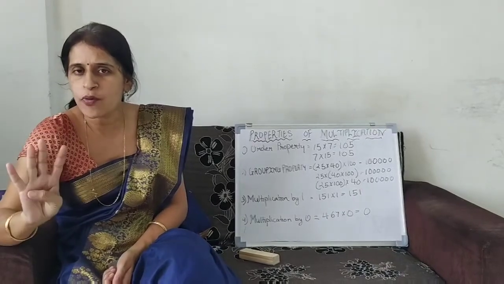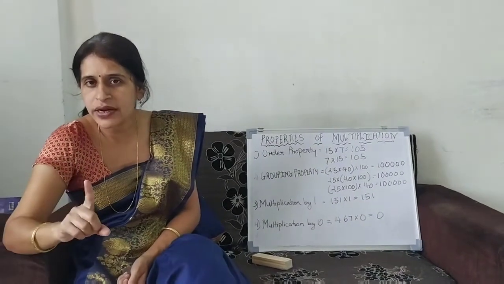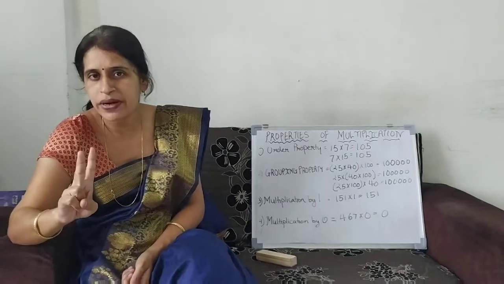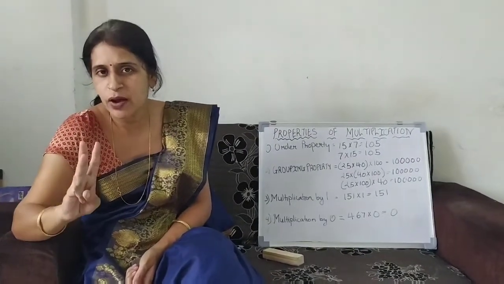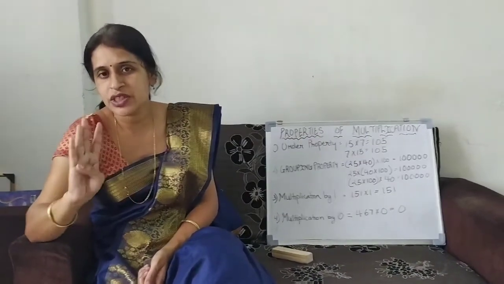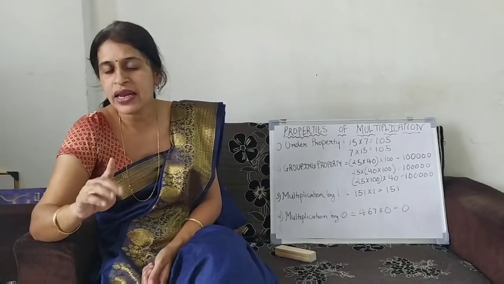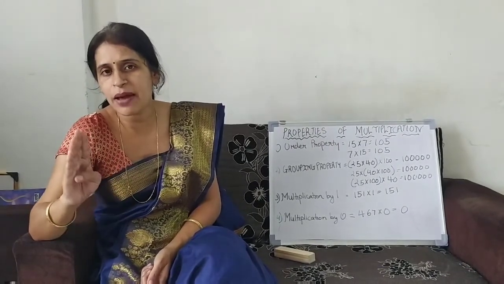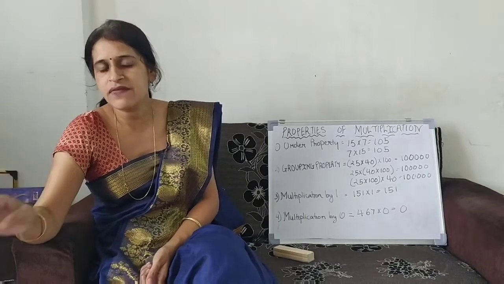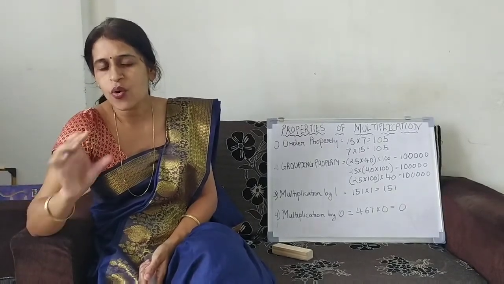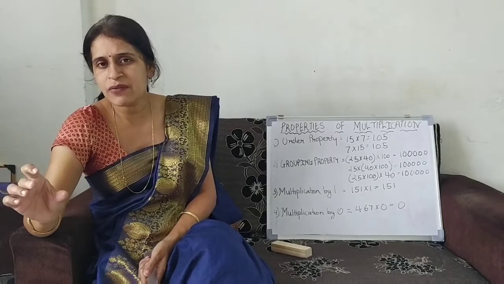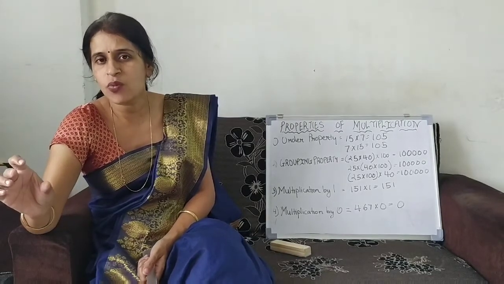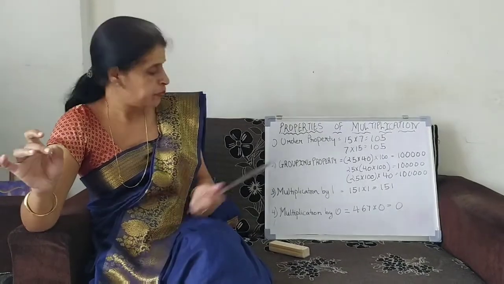So which are the four properties? We did the order property, we did the grouping property, we did multiplication by 1 and multiplication by 0. In multiplication by 1, any number when multiplied by 1 gives the number itself. Multiplication by 0, any number when multiplied by 0 will give you the answer 0.